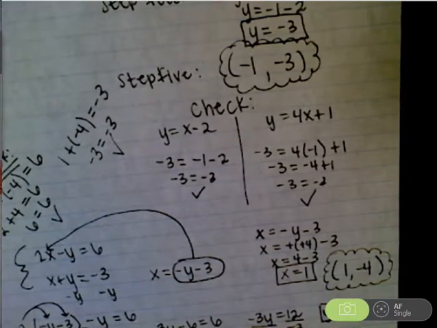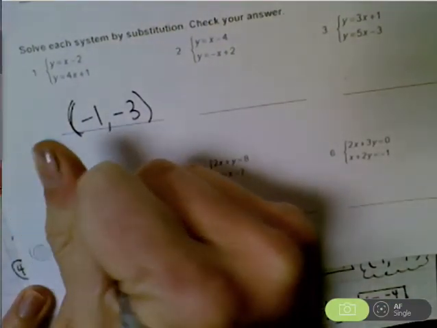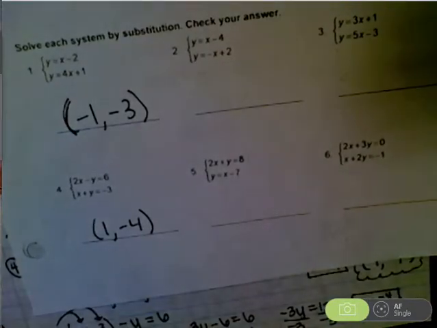So let's go back to your notes, fill in the correct answer for number 4, which is 1, negative 4. Are you guys ready to try one on your own, or do you want to do one more as a group? No, let's do number 2 on my own. Okay, I want you to try number 2 all by yourself.